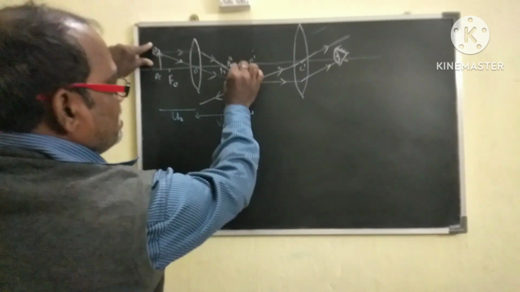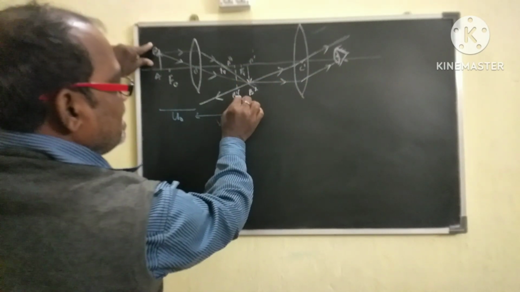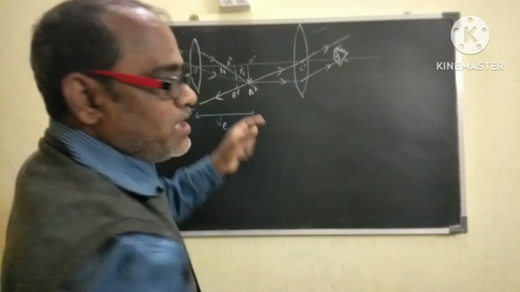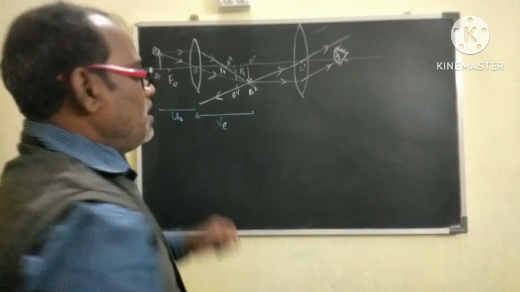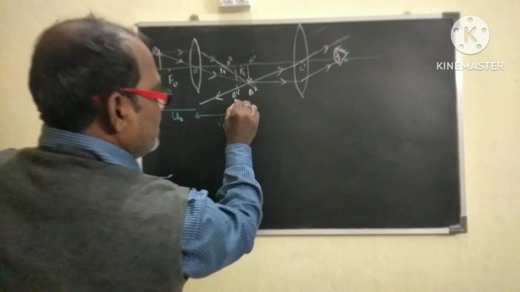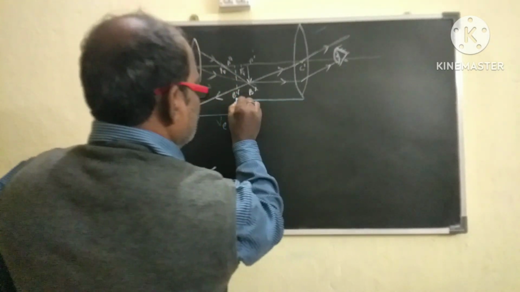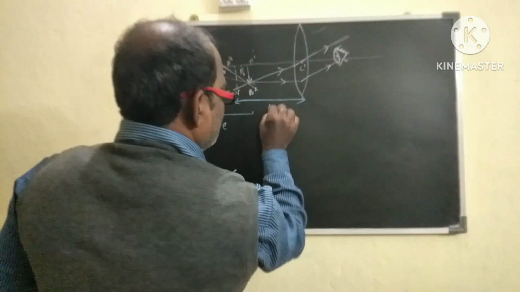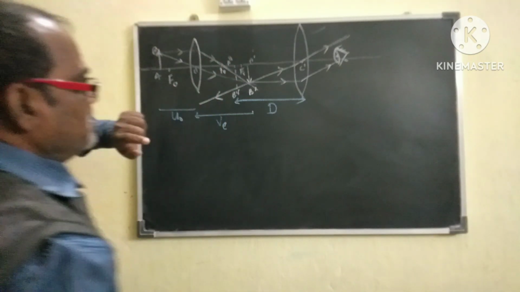Now the object here is adjusted so that the final image, that is the virtual image formed by this, A double dash B double dash, is at the least distance of distinct vision, because we have to adjust the object in such a manner that the image we get from here is at the least distance of distinct vision, at this distance.